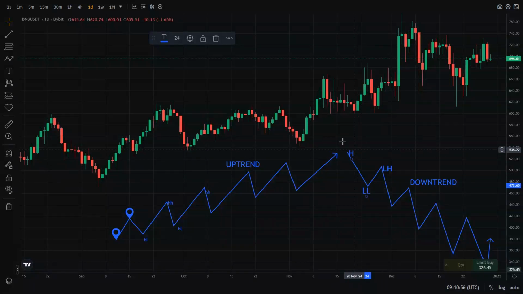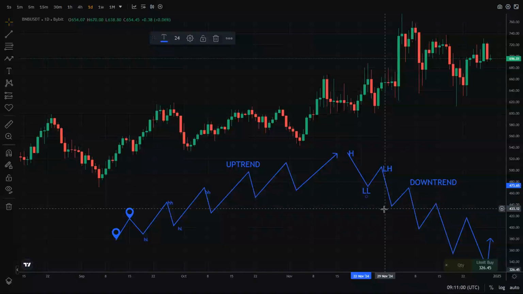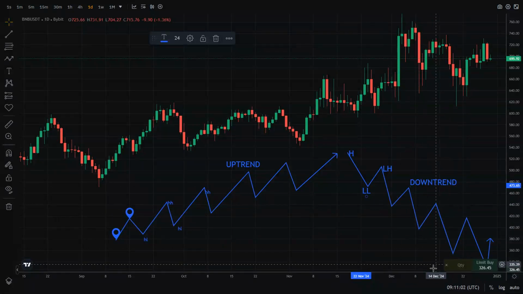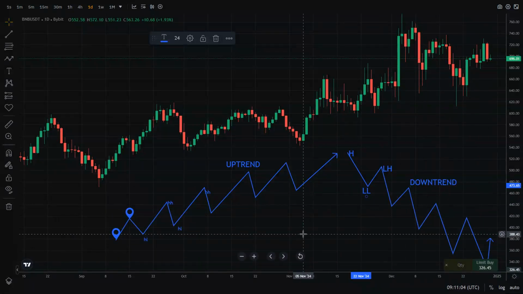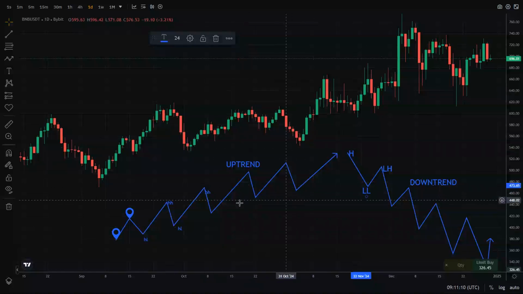Like that, we have the high, the lower high, the lower low, lower high, lower low, lower high, lower low, and so on and so forth. So this is how you recognize a trending market.